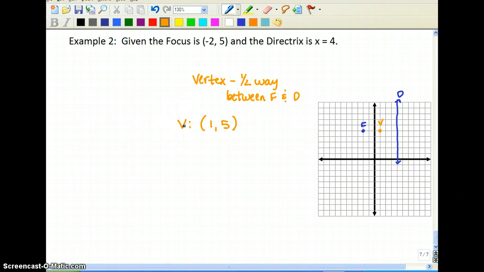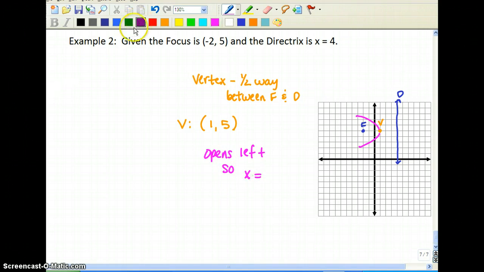Okay? Now, we should now notice that this graph is going to open up to the left. That tells us it's going to be an x equals problem.